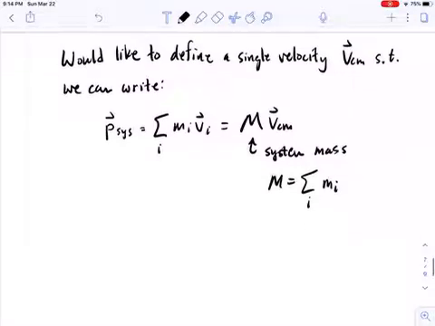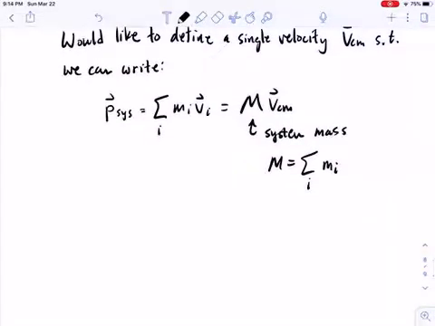So evidently, to do this, we require the following.